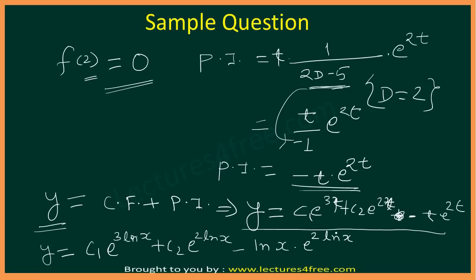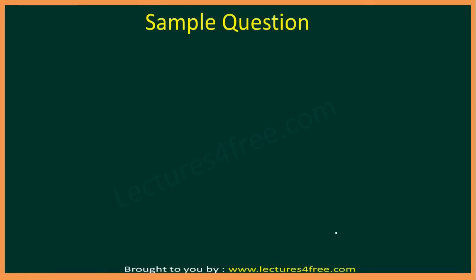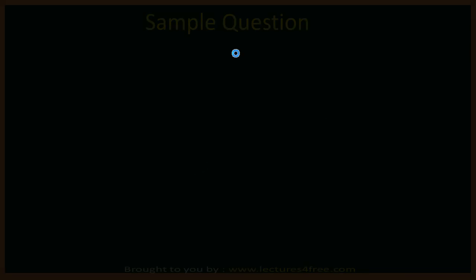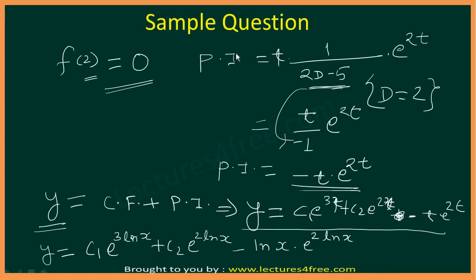Okay, so we can again simplify it like y is equal to c1 e to the power log x cube, this will come in the power, plus c2 e to the power log x square, minus log x e to the power log x square.